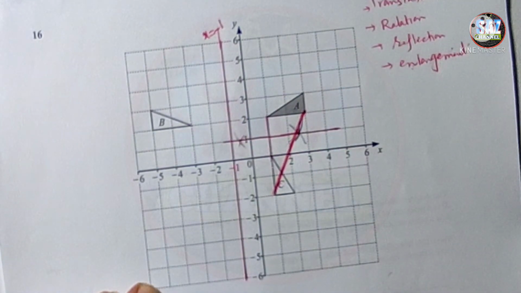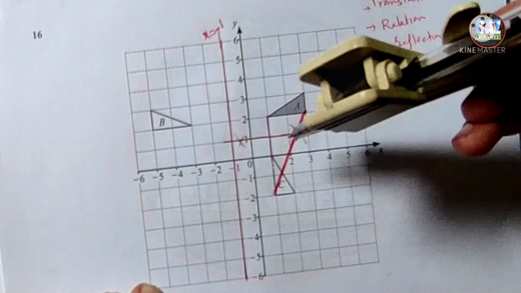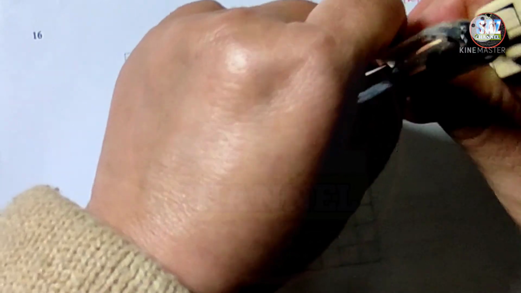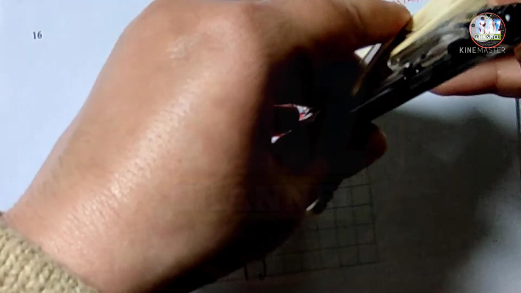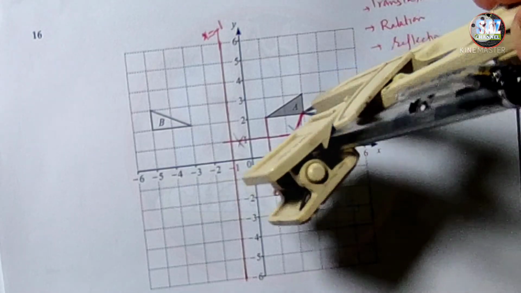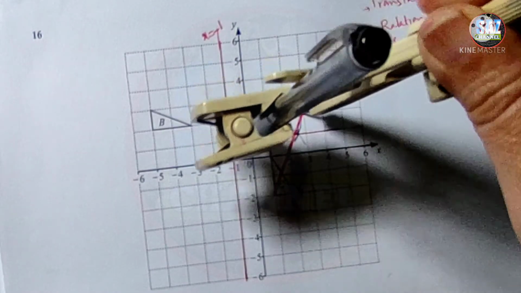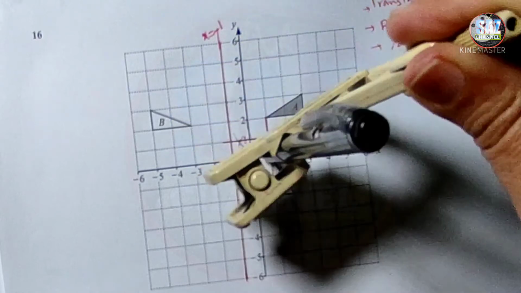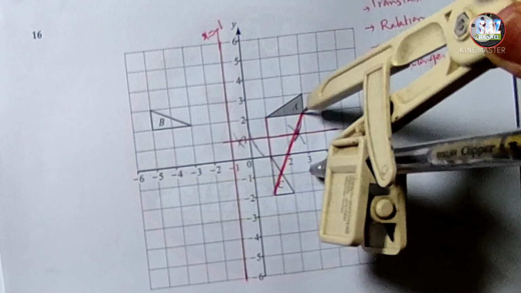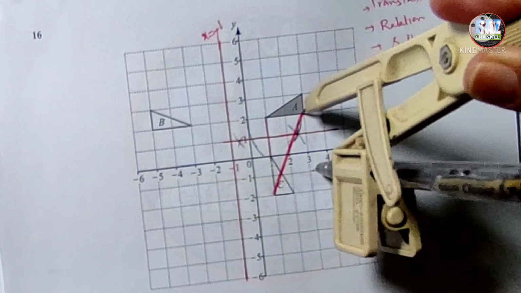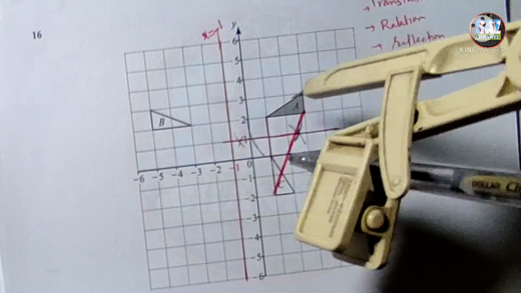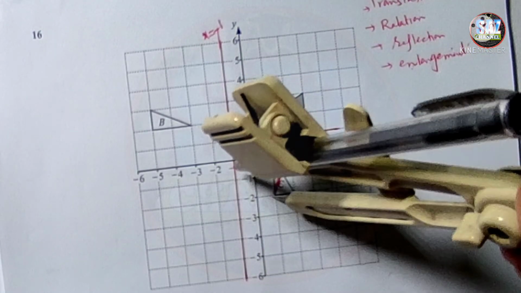Again, now construct the perpendicular bisector, and I hope you know well how to construct it. If you have any doubt about the construction of the perpendicular bisector, you can watch the lesson on the channel. Let me draw an arc here carefully, and one arc over here, and then repeat the process.